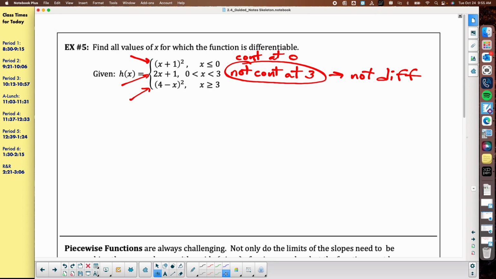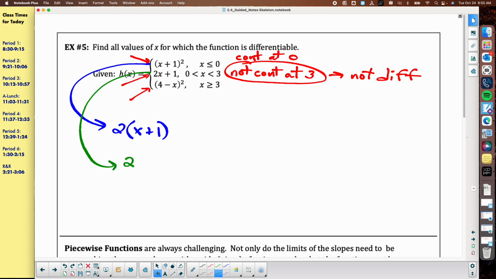If I can cheat a little bit, let me just tell you the derivative at each spot. The derivative for x plus 1 squared will be 2x plus 1. The derivative for 2x plus 1 will be 2.